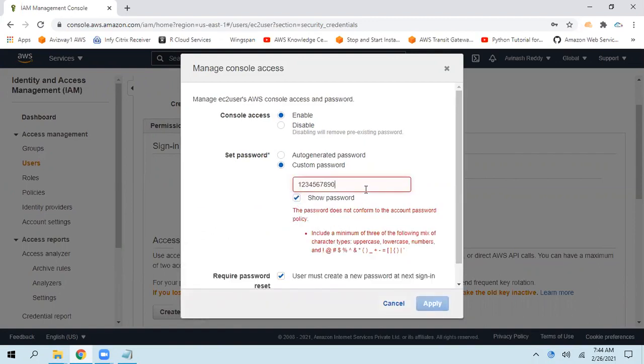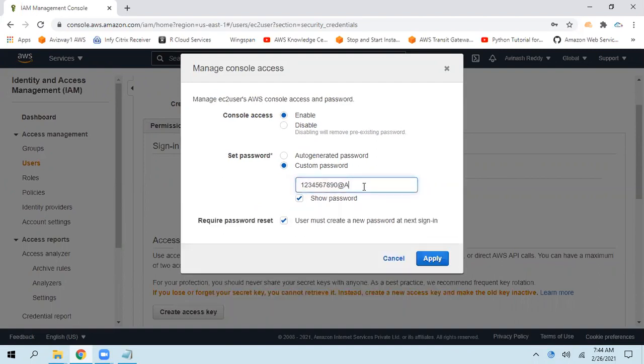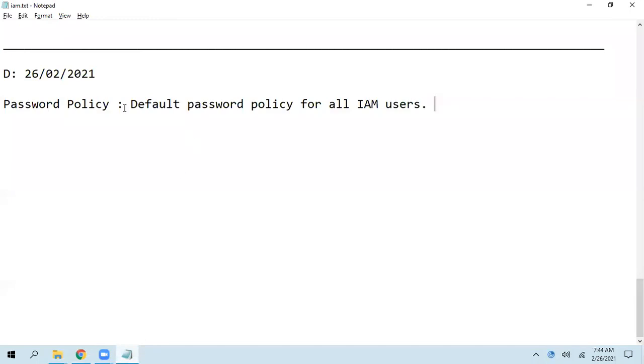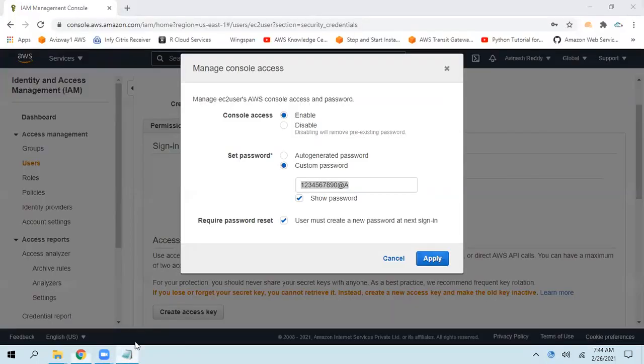It must contain one special character and one uppercase letter, so a combination of three. Now this is a valid password. Who defines this? Can I define my own one? This is a default one. As I mentioned, by default we have a default password policy for all users, and whatever custom password you give must comply.